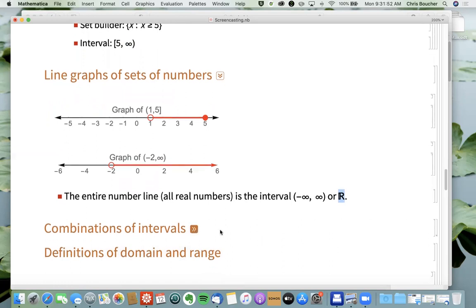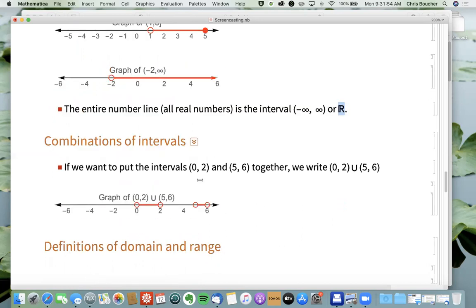All right, real quickly, one last thing. If we want to take two intervals and kind of stick them together, you can see over here where I'm circling the cursor, I have a graph of the open interval from 0 to 2. And then over here on the right, I have the open interval from 5 to 6.